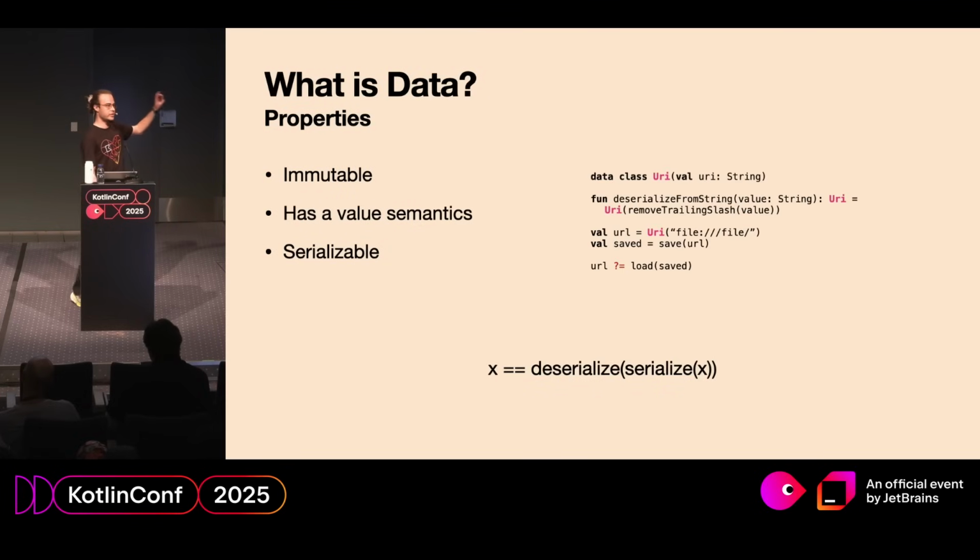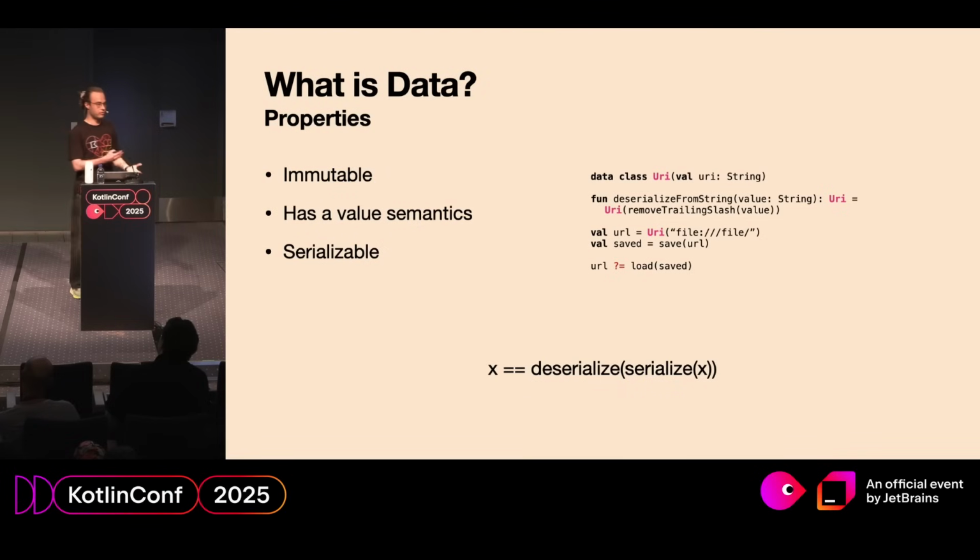That is not trivial. It's very easy to think about serialization as some edge of a system where you can do some normalization or something like that. So here we got some URI, and we basically removed the trailing slash when reading it. That has broken the very basic property that serialization composed with deserialization should give us identity.